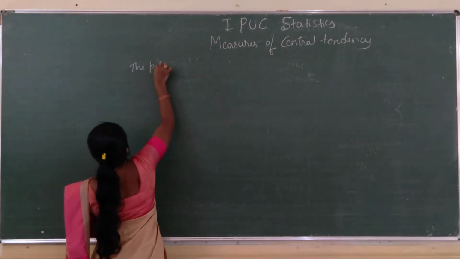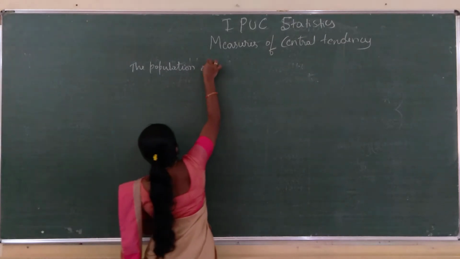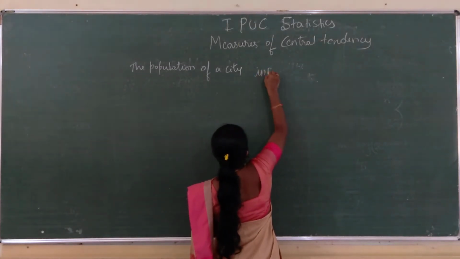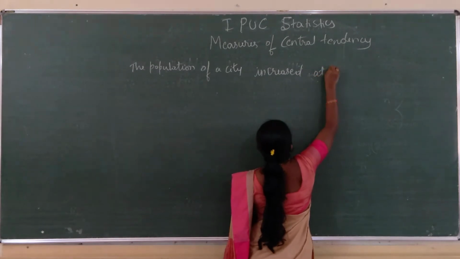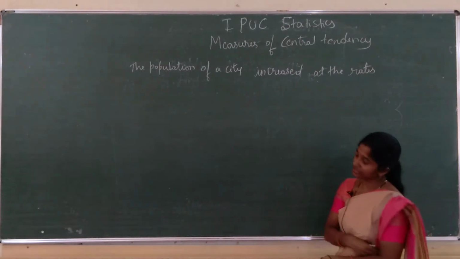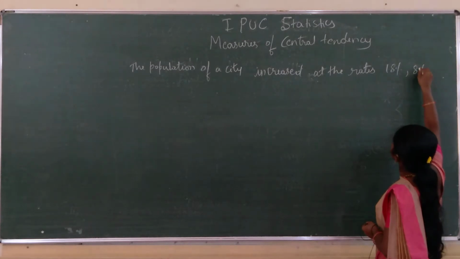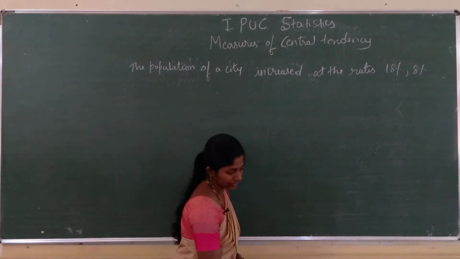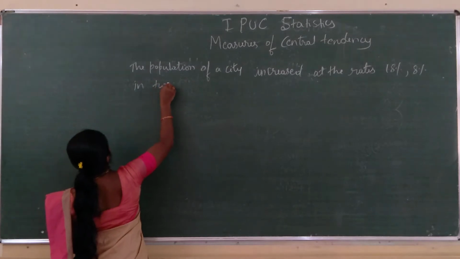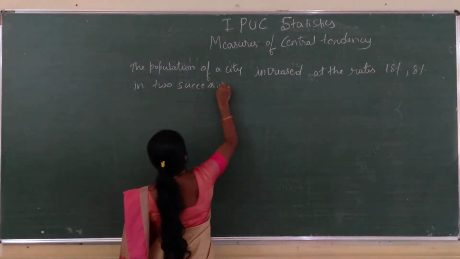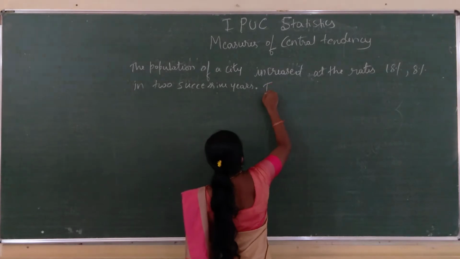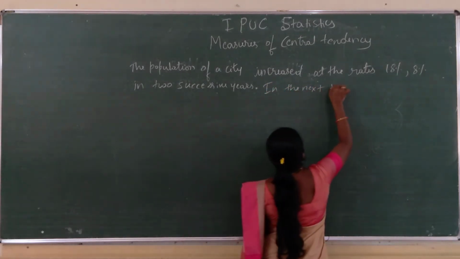The population of a city increased at the rates 18% and 8% in two successive years, in the next two successive years.